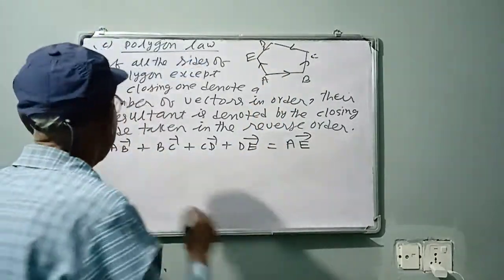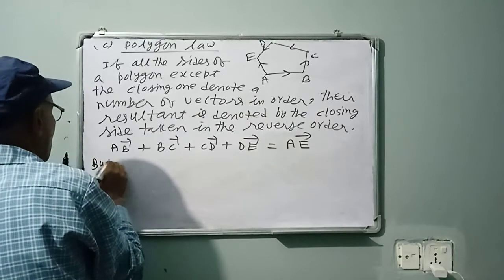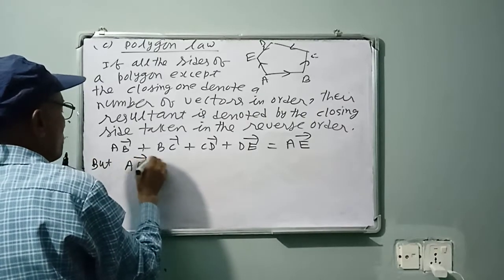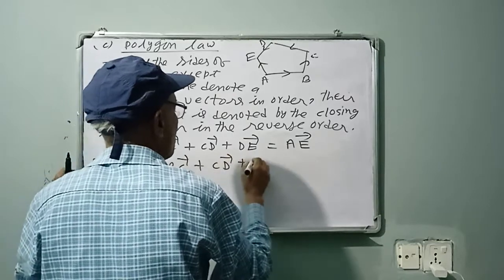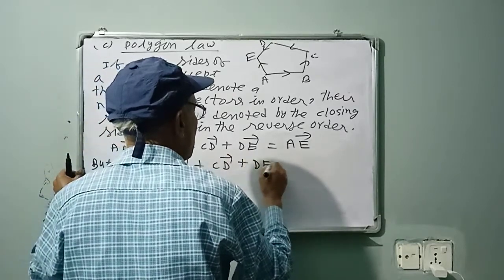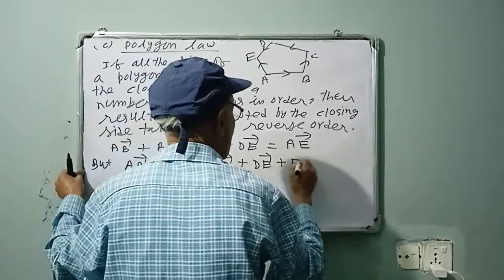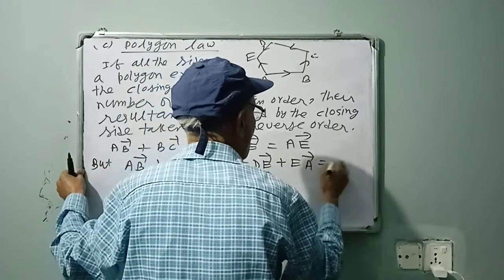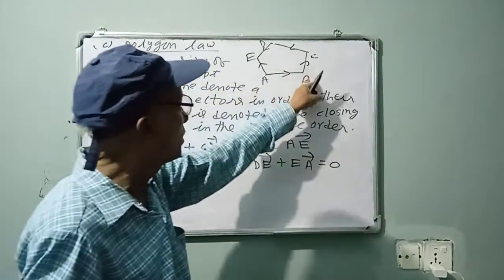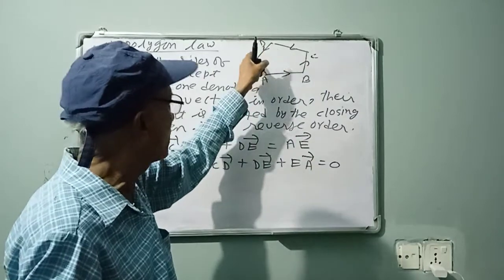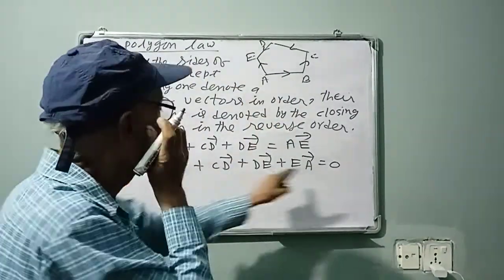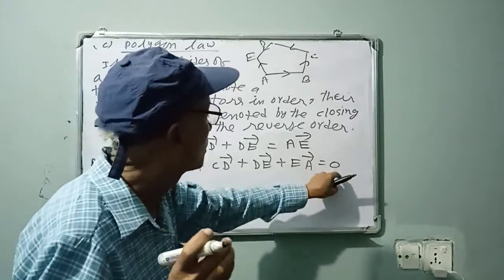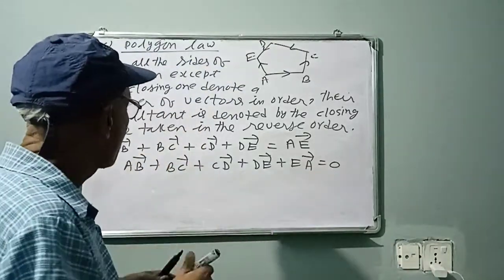But remember, AB plus BC plus CD plus DE plus EA equal 0. A to B, B to C, C to D, D to E and E to A. First point and last point same. A बाट सुरु भएर A मै इन्ड भयो भने त्यसको भेक्टर, त्यसको रिजल्टेन्ट 0 हुन्छ.